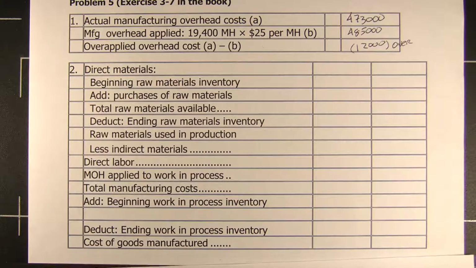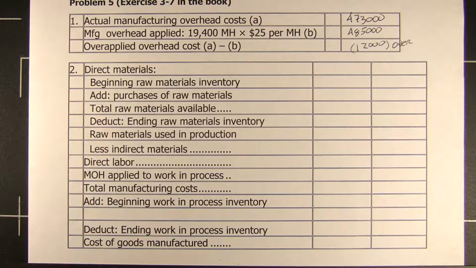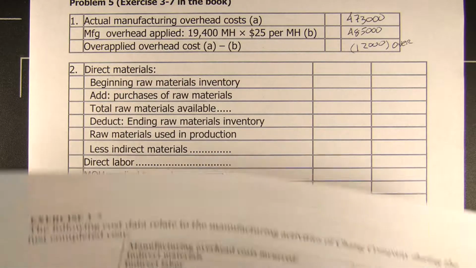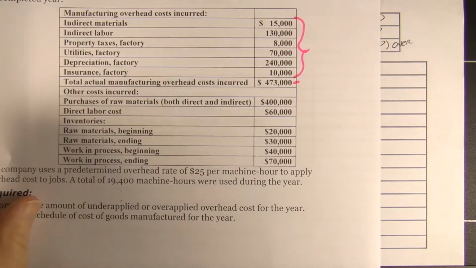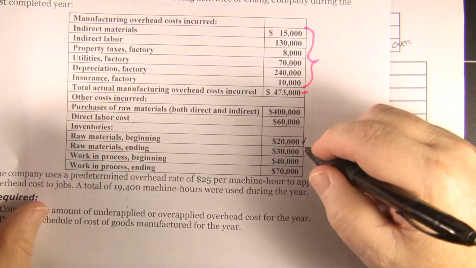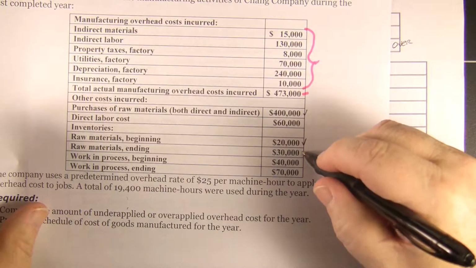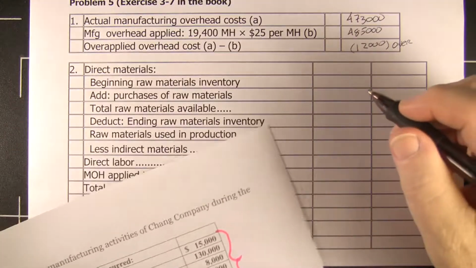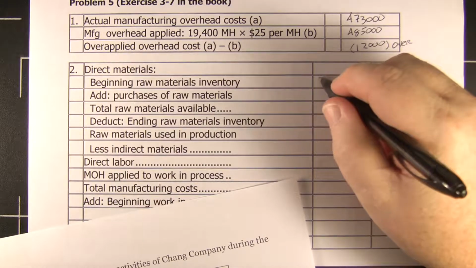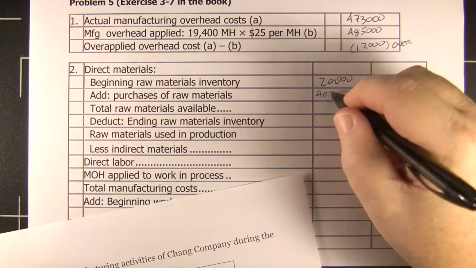Okay, now let's go down to our cost of goods manufactured. And when you think about this, put yourself in the cost of goods sold accounting formula. It's the same thing. We have beginning raw material, and they give us that, 20,000. So it's going to be 20,000 plus purchases of raw material minus ending. That's always going to be the same. So our beginning raw material was 20,000. We purchased 400,000.